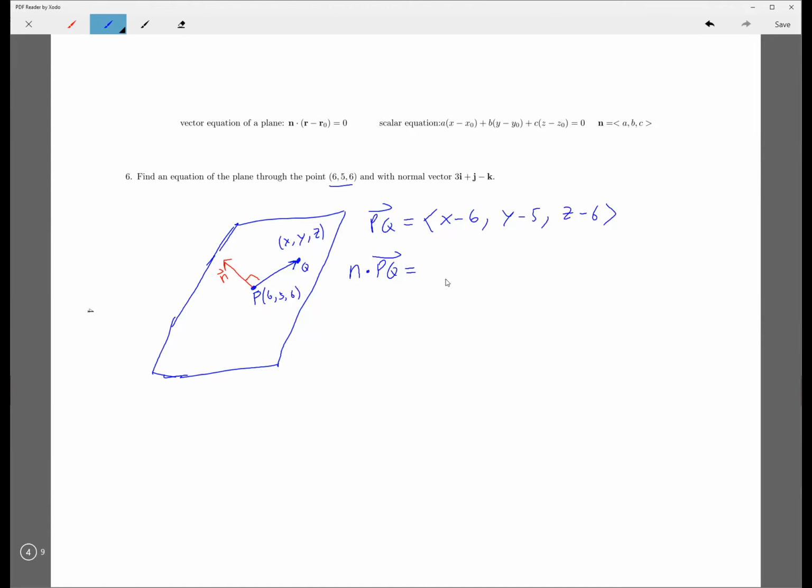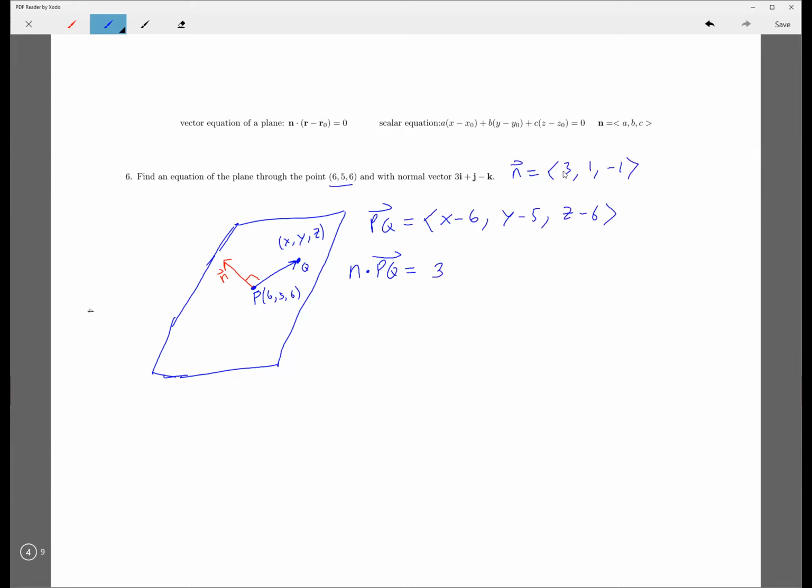Well, there are 2 ways to calculate the dot product. The normal vector is 3, 1, negative 1, right? And this vector PQ is this. What's the dot product of this and this?